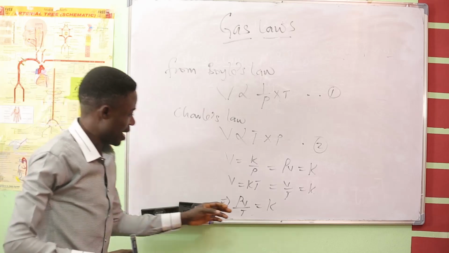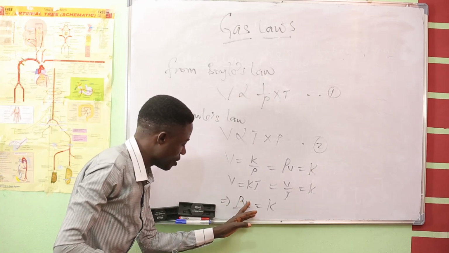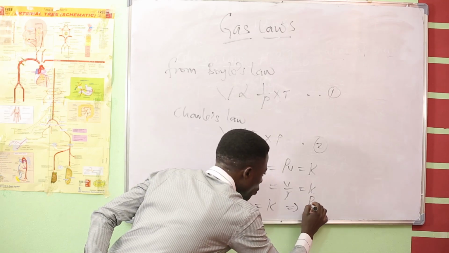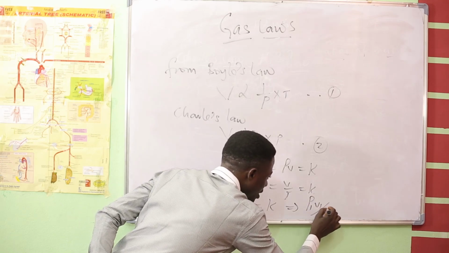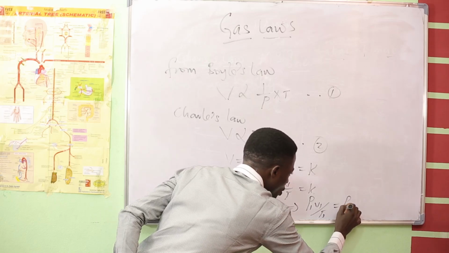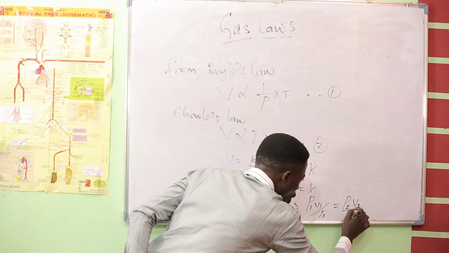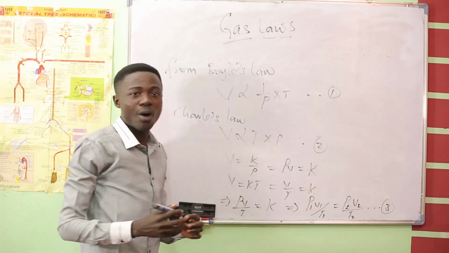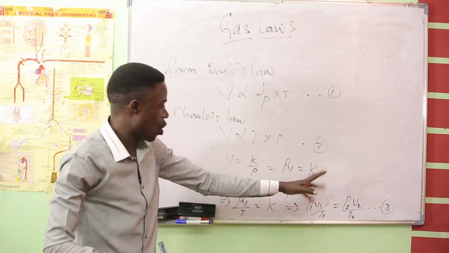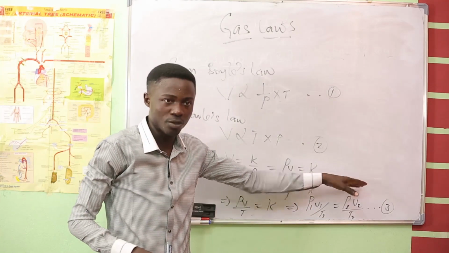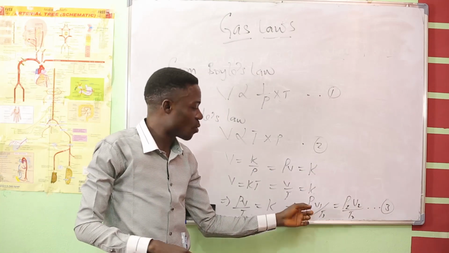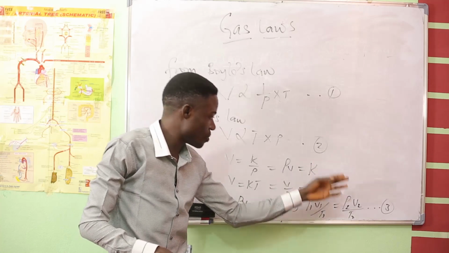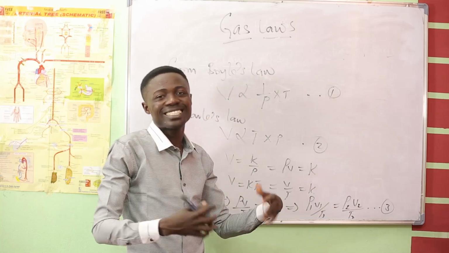Now, if we have PV over T, then this will translate to P1V1 over T1 is equal to P2V2 over T2. And I'm going to call this equation 3. So our equation 3 is what we call the general gas equation.